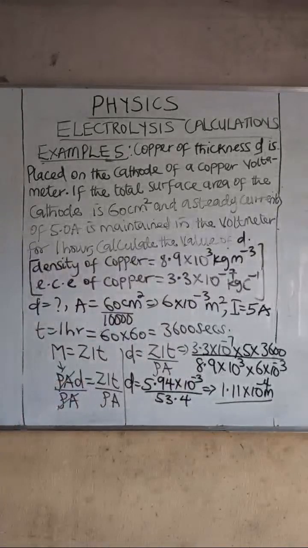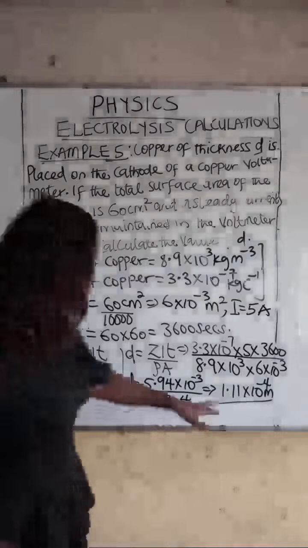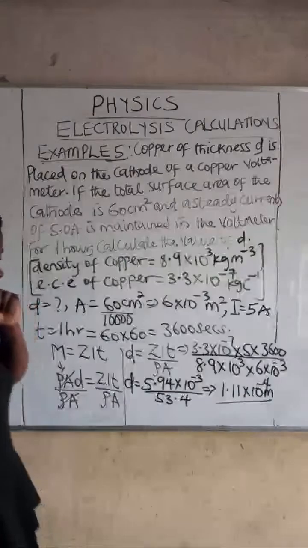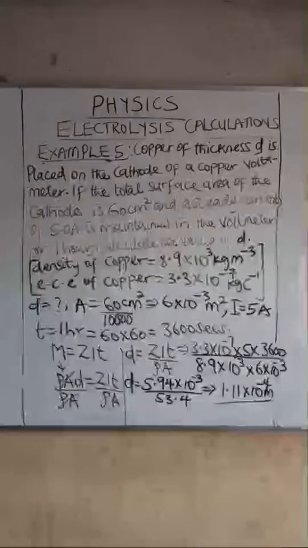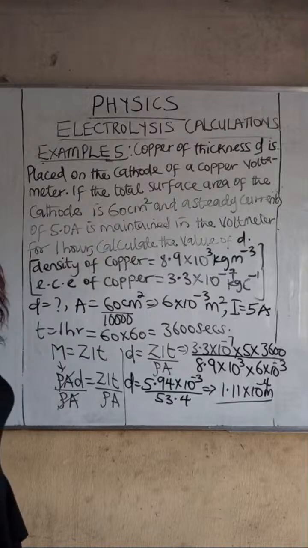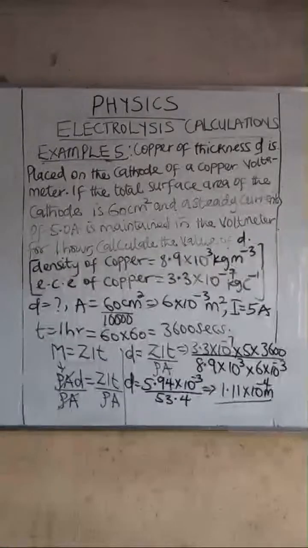All right. So I have 1.11 times 10 raised to the minus 4 meters. This is in what? In meters. You can choose to convert it to centimeter by multiplying by 100 if you want to, okay?